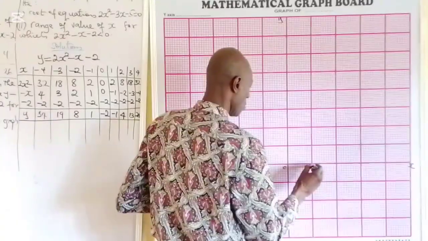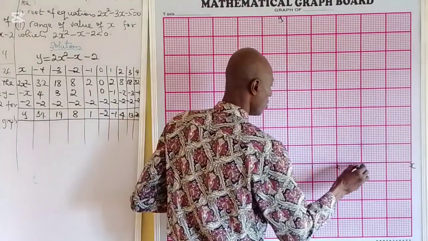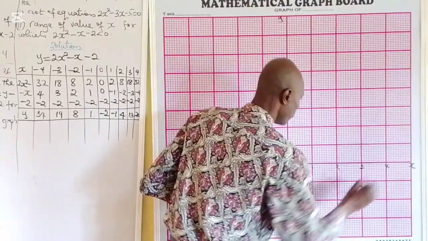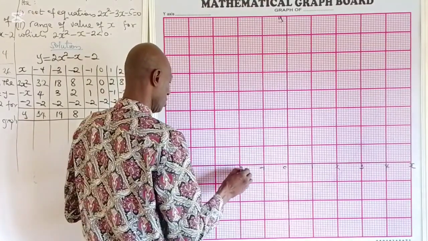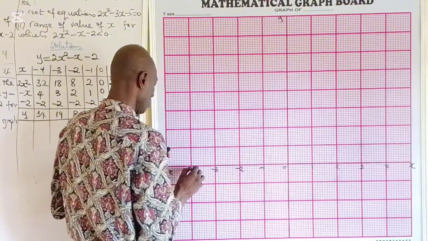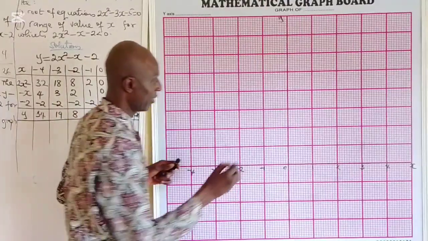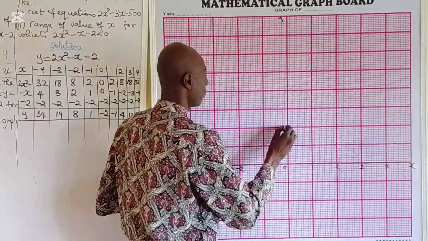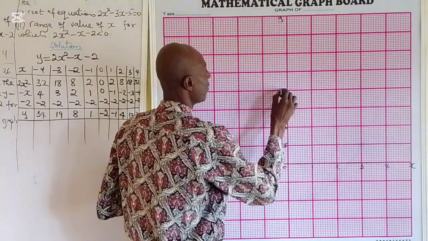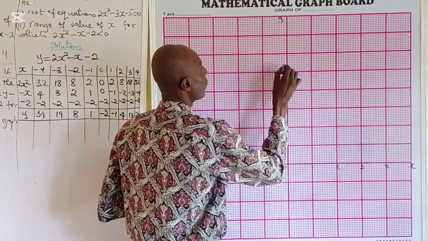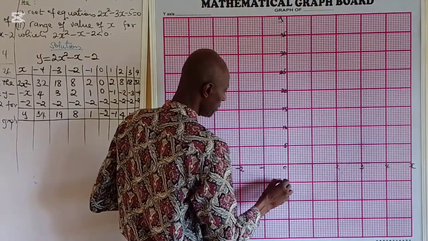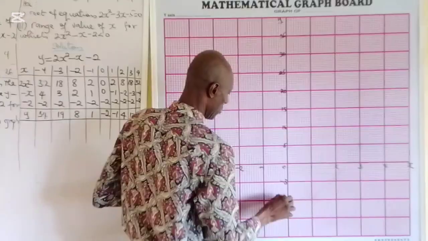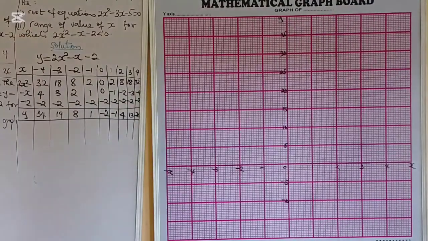I will start 1, 2, 3, 4. Here is minus 1, minus 2, minus 3, minus 4. Here is 5, 10, 15, 20, 25, 30, 35. Here is minus 5. Let me stop at minus 10.